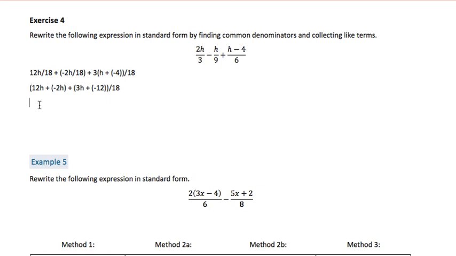Next, we will combine our like terms. 12h plus negative 2h is 10h, plus 3h is 13h. And then we only have one constant term, which is negative 12. And that whole thing is divided by 18.